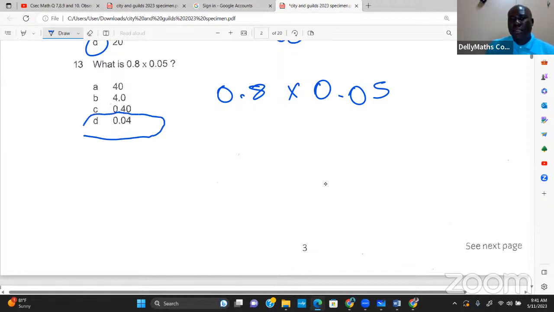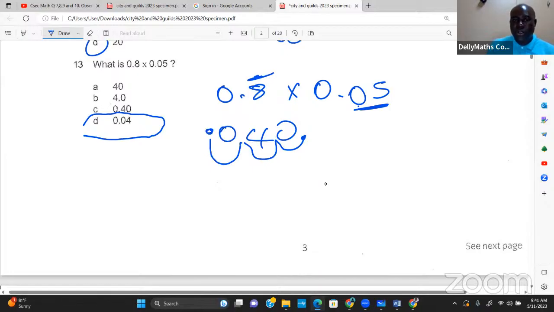But if you really check this, you would have gotten 40, and then you're gonna account for 3 decimal places. So this is 2, this is 1. So if the decimal point is here, 1, 2, add another 0, 3, this is the point. So that is how you arrive at this.